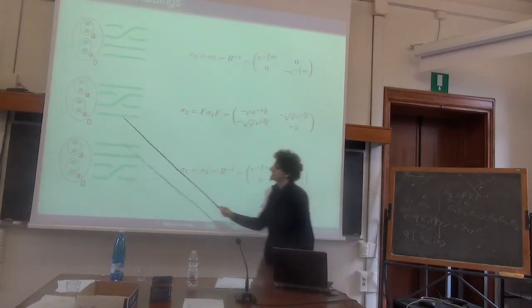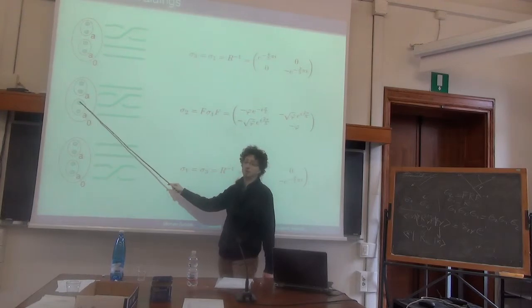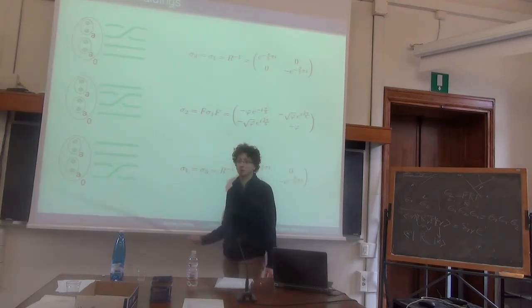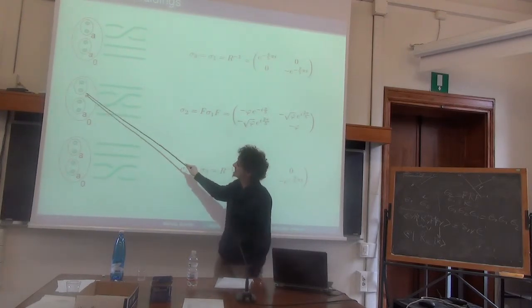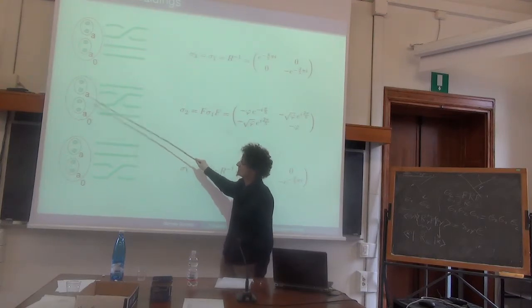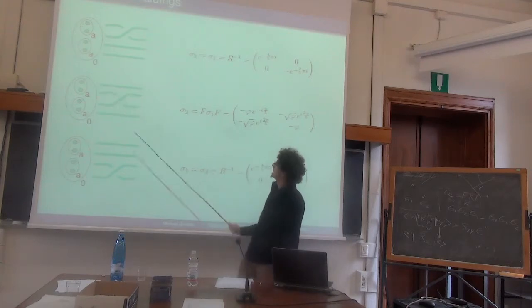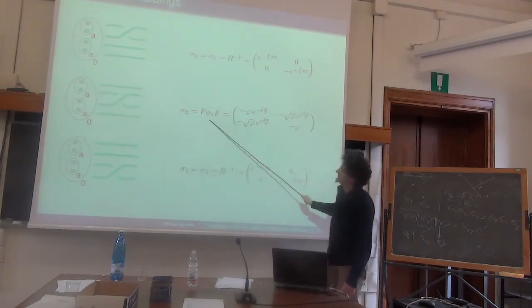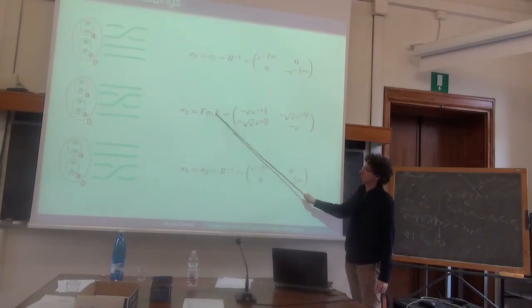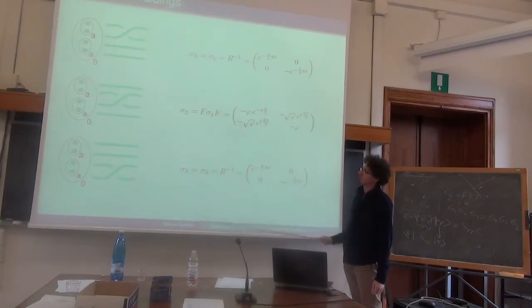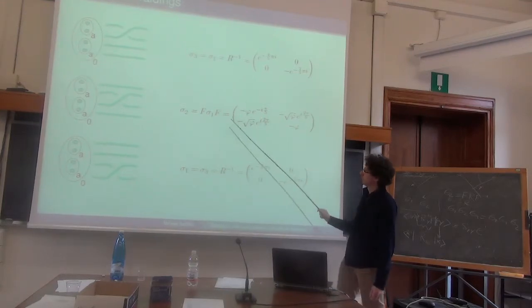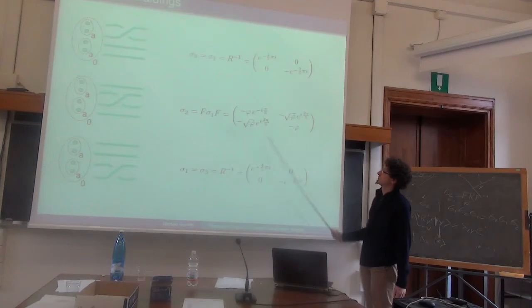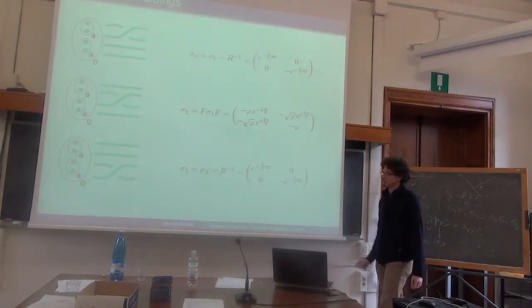Instead, the exchange between 2 and 3 is not diagonal anymore, because in principle it ends up in a linear superposition with this A being either 0 or 1, and however, since all these particles are equal, it can be written as F sigma 1 F. I'm not putting the minus 1 here, because for Fibonacci anyons F is equal to its inverse, and you do your calculations and you obtain this matrix.